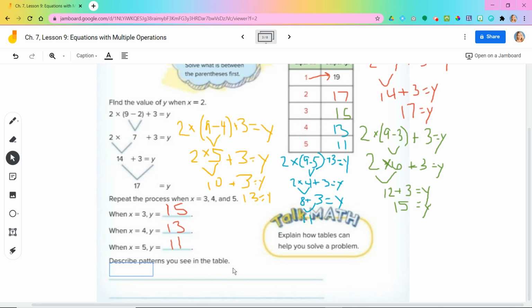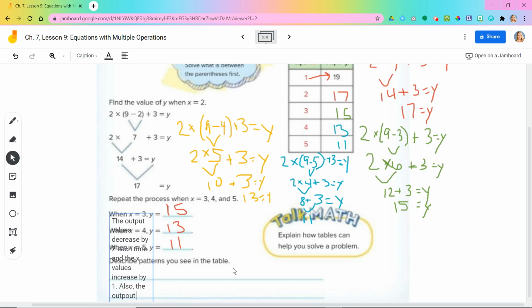So one pattern that I see in the table is that the output values decrease by 2 each time, and the x values increase by 1.